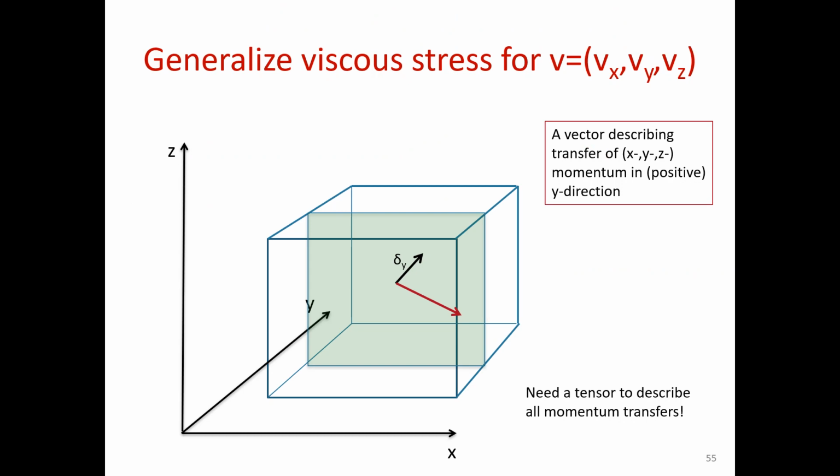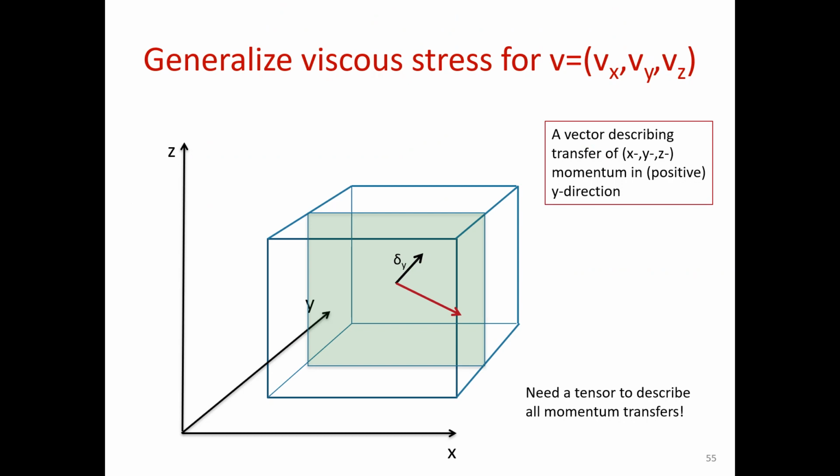But to describe the overall stress state, we need just 3 coordinate planes, because in the 3-dimensional world, any vector can be expressed as a linear combination of the coordinate system's components. That is the whole point of coordinate systems. So to describe the stress state, I need how all of these momenta, x, y, and z, transfer across 3 planes, x, y, and z. 3 times 3 is 9.